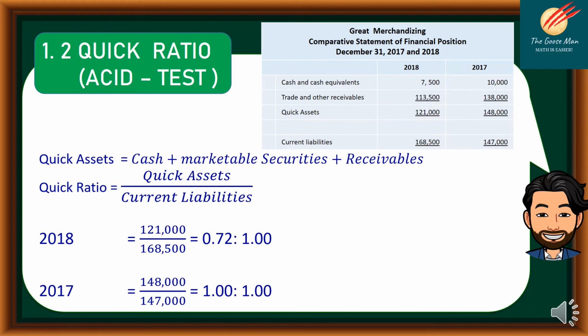So it means the quick ratio of the business has dropped in 2018 from 1 peso to 0.72 peso for every 1 peso of current liability. This trend is usually considered unfavorable. Similarly, it may be evaluated in line with industry standards in order to appreciate the significance of the indicator.